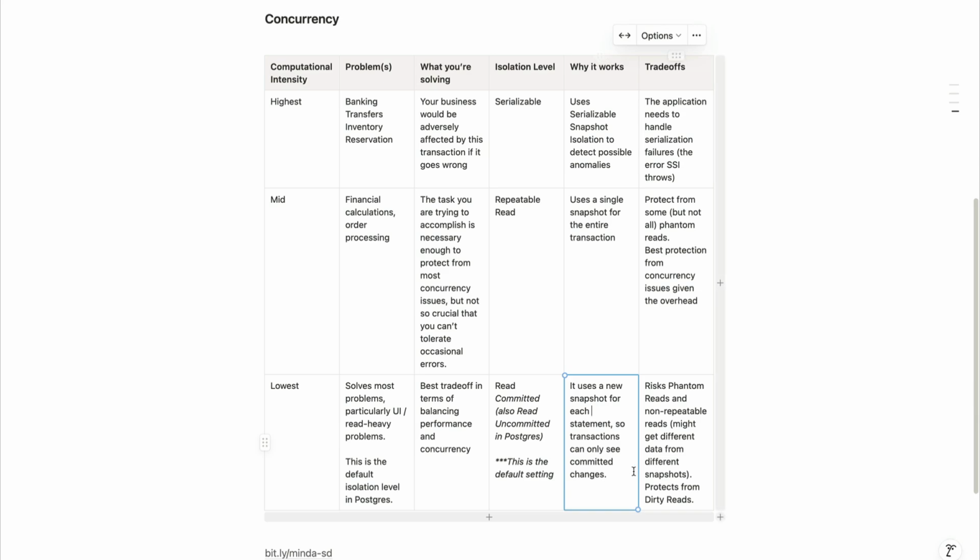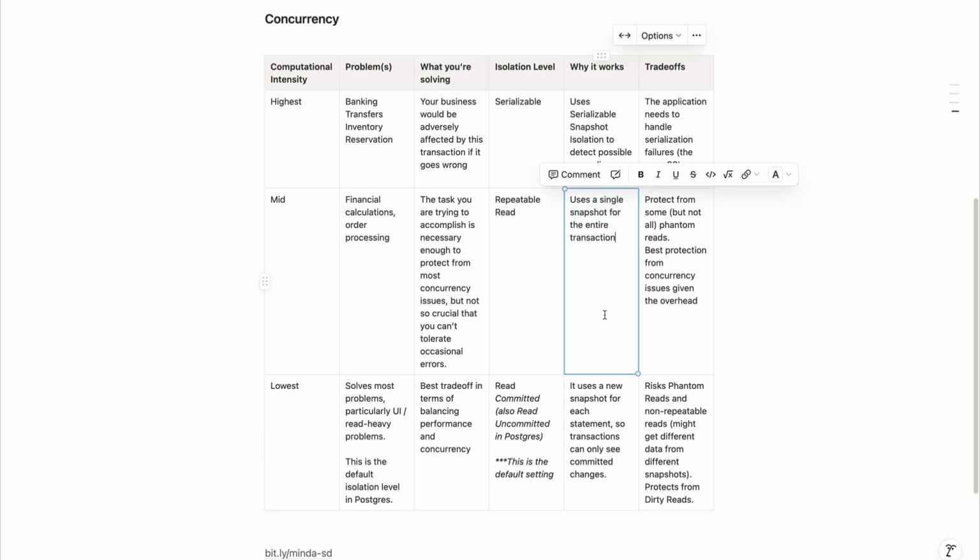So it could read information in the course of processing that has changed because another transaction has changed it. Whereas if you use a single snapshot for the entire transaction, that just can't happen.